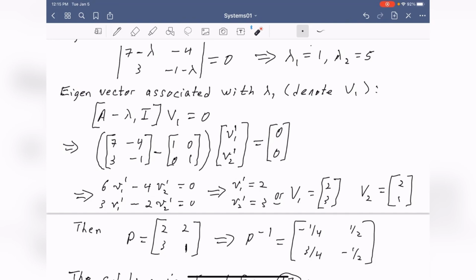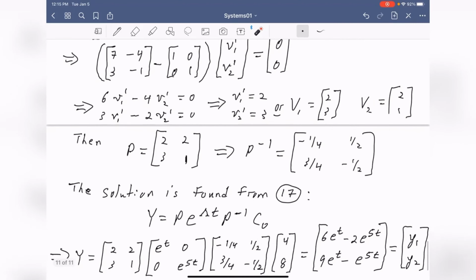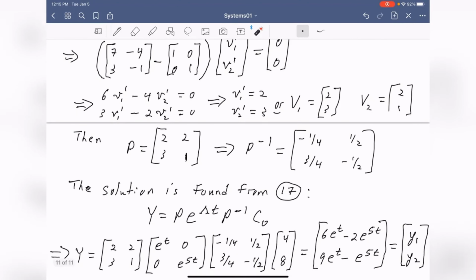Now we can do the same thing with regard to the other eigenvalue, and we find that the eigenvector is given by 2, 1. Then P is given by these two eigenvectors, 2, 3 and 2, 1. We take the inverse of P and we find that it's equal to minus 1/4, 3/4, 1/2, minus 1/2.